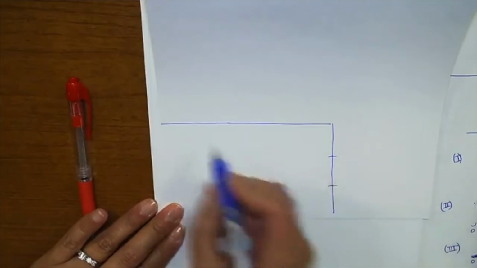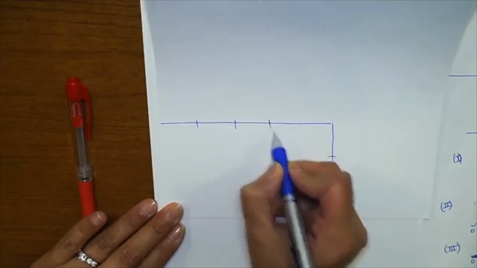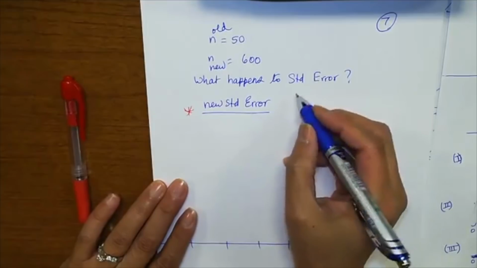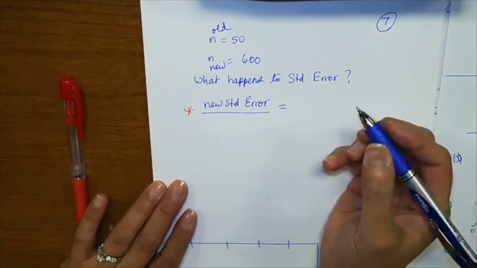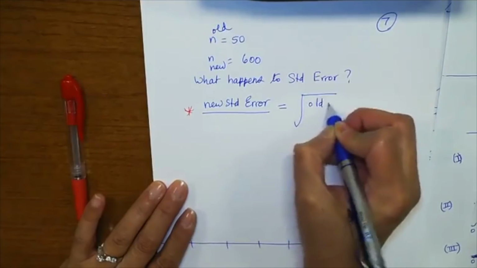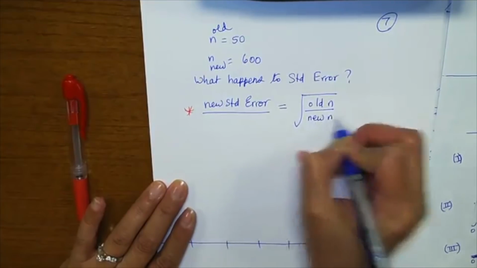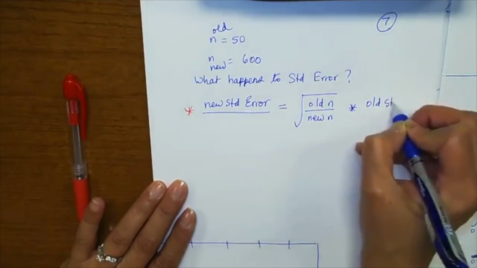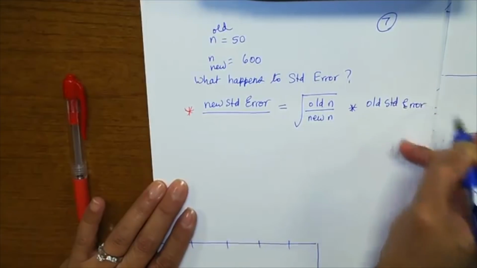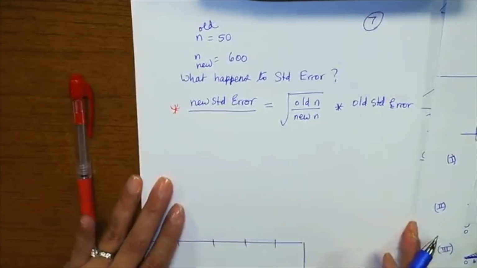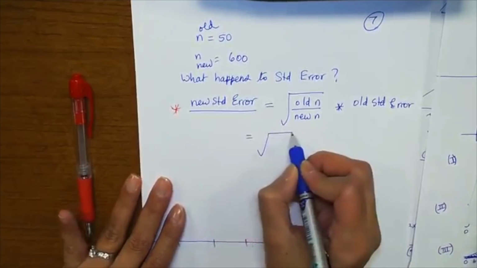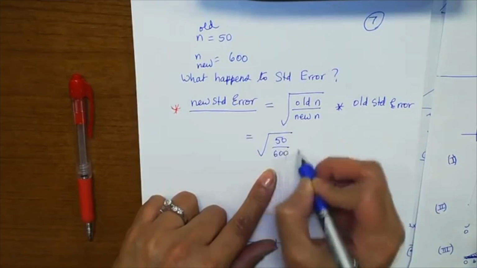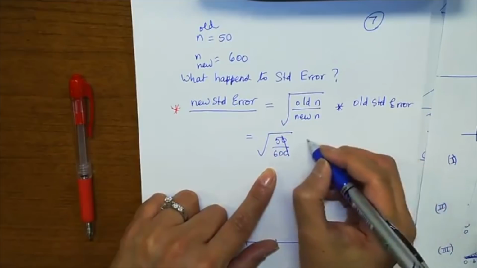Yes. It's about that big, I think. Okay, so the new standard error is equal to radical of old n over new n times the old standard error. So this formula should go on your cheat sheet. You just plug in like this. Radical old n, 50. Radical new n, 600. Cancel the 0.